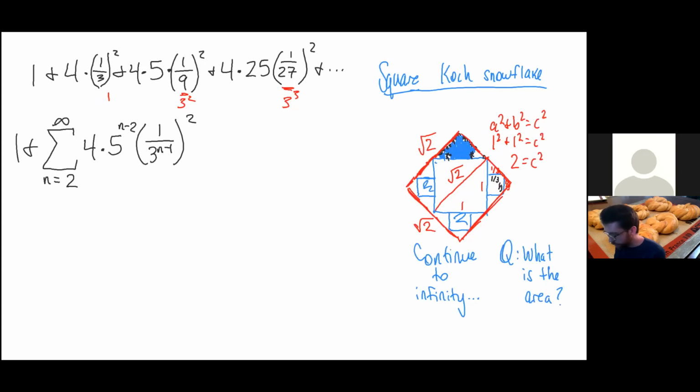So we've successfully written out a summation in sigma notation for the blue area, right? This is literally the entire blue area. We just have to figure out how to evaluate that sum. It's kind of tough because there's an infinity at the top, but we'll give it a shot.